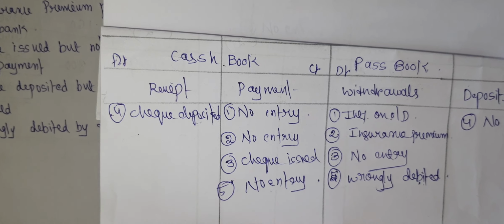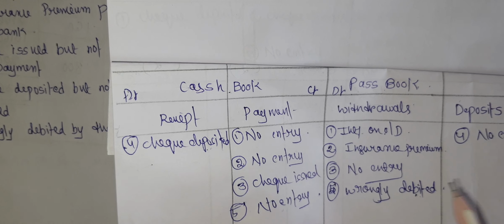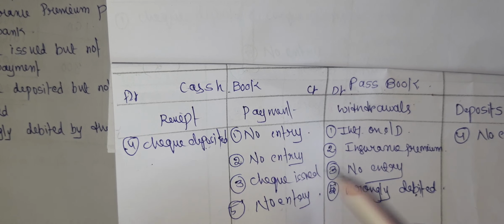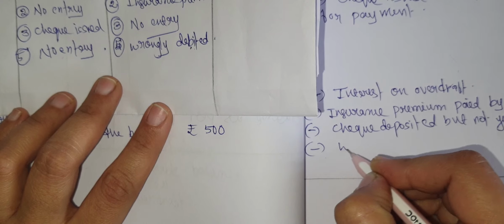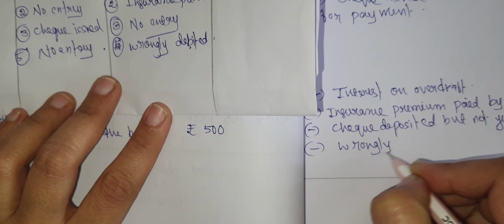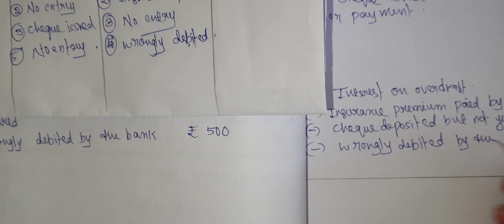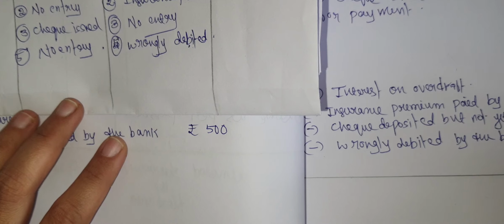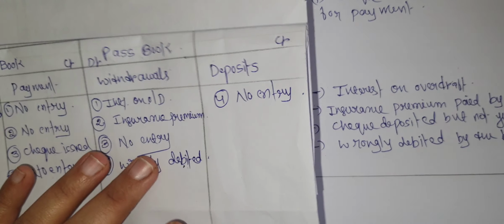Next, third step is check its effect on the passbook. Passbook balance is less, so we have to deduct this transaction. So less wrongly debited by the bank, that is rupees 500. Here we have finished the problem.